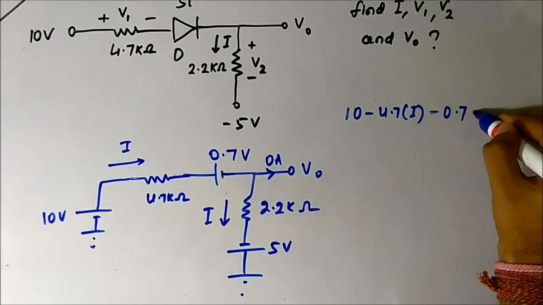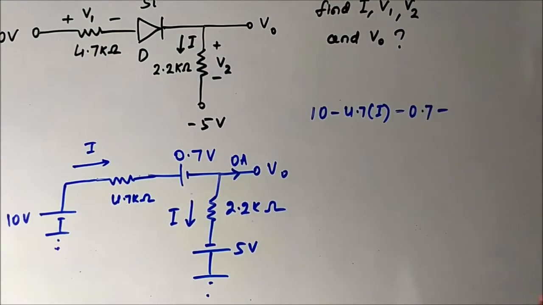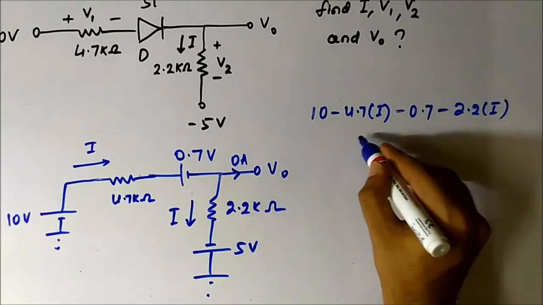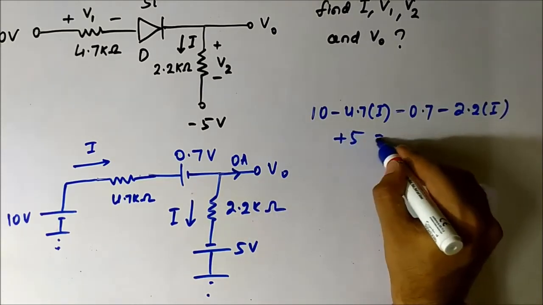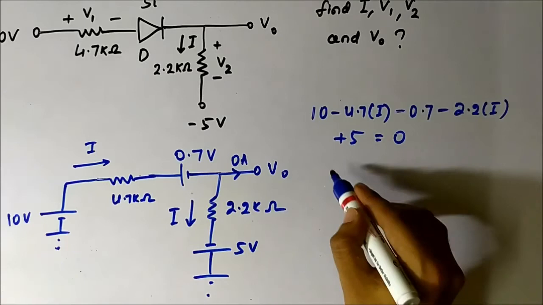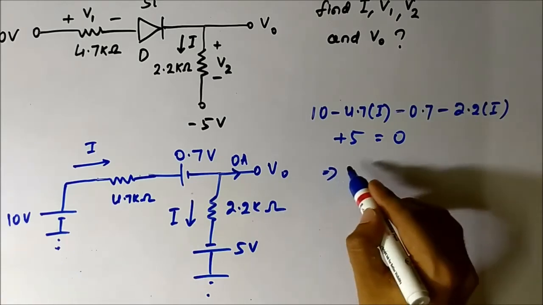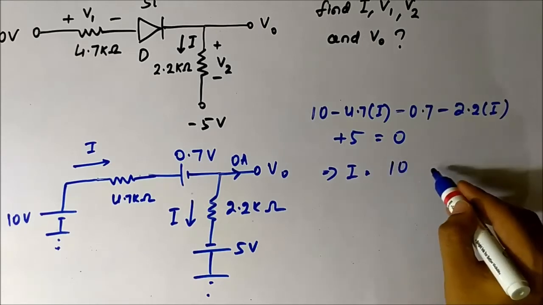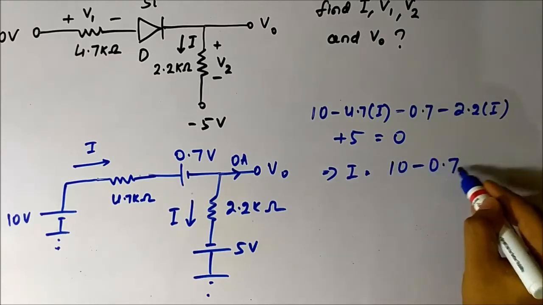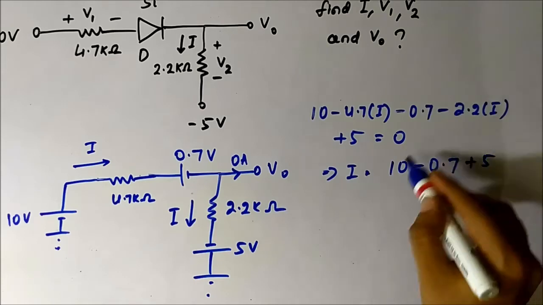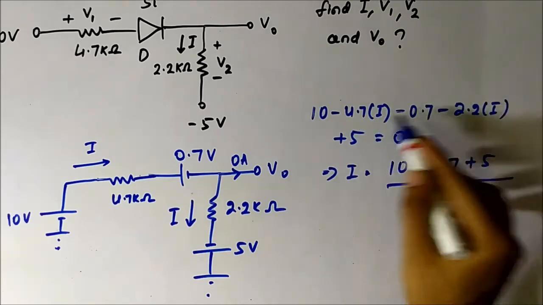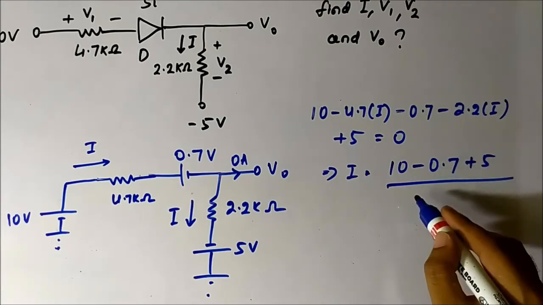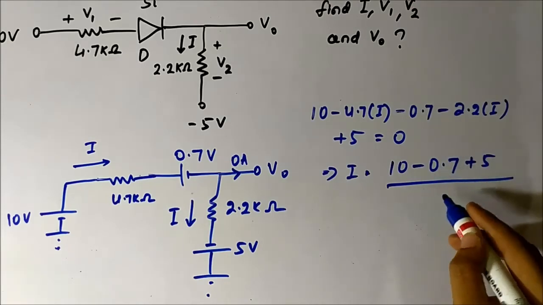Then minus 2.2 into I plus 5 is equal to 0. That implies I is equal to 10 minus 0.7 plus 5 divided by, bringing the I's together, 6.9.